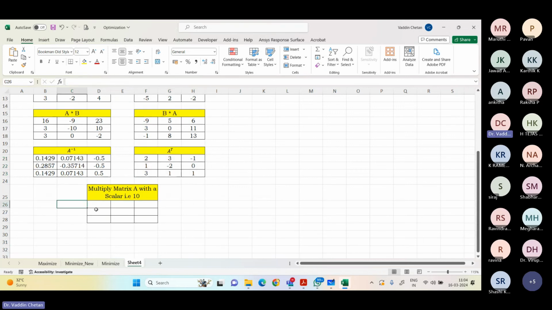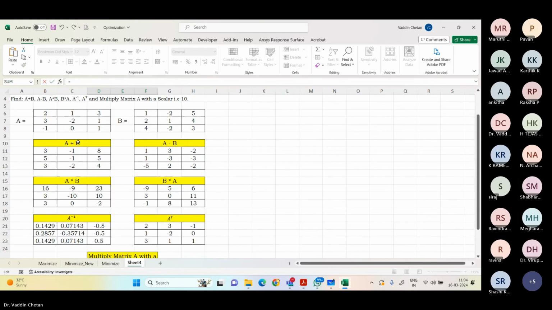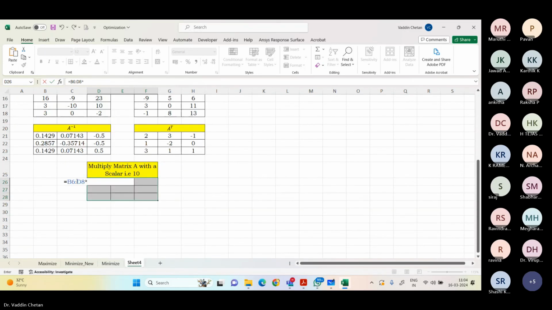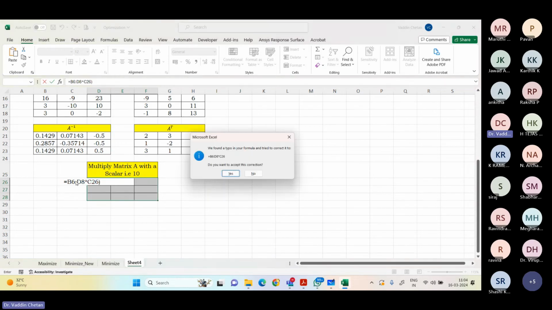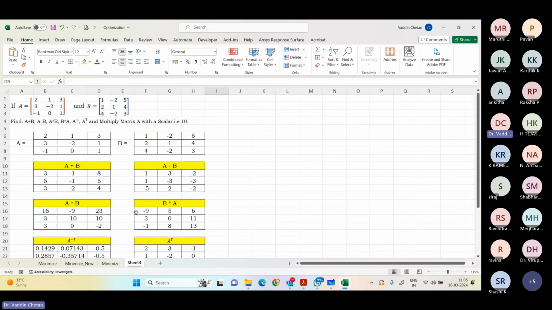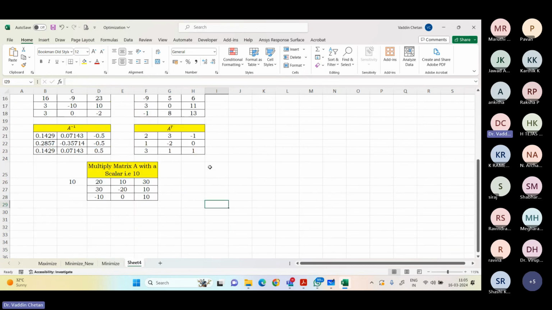And multiplying it by a scalar, make it 10, is equal to matrix A into this, Control Shift Enter. You got it.